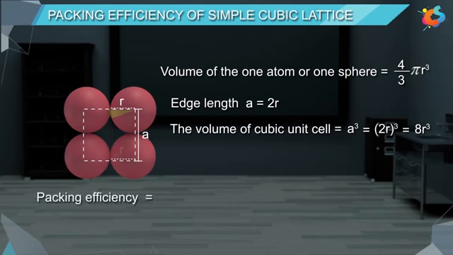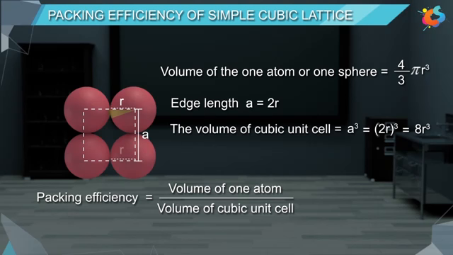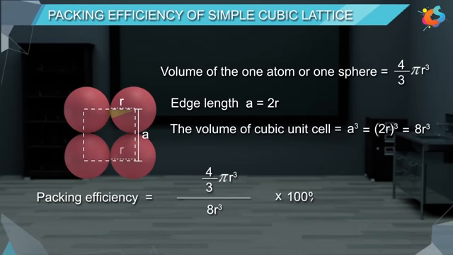Percentage of the space occupied by spheres or packing efficiency is equal to volume of one atom divided by volume of cubic unit cell times 100%. Packing efficiency is equal to (4/3 πr³) divided by 8r³ times 100, which is equal to π/6 times 100.